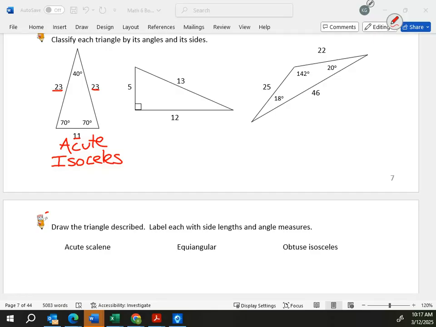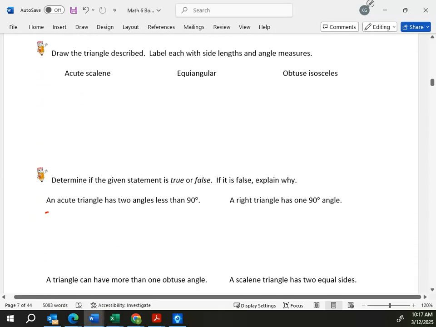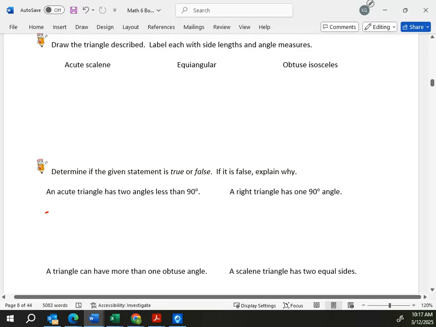The next two you are going to label on your own. Put the angle name, put the side name. Let's look at our second page. Draw the triangle described and label each with side lengths and angle measures.